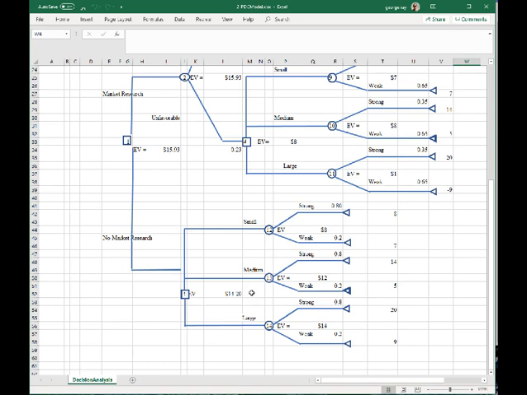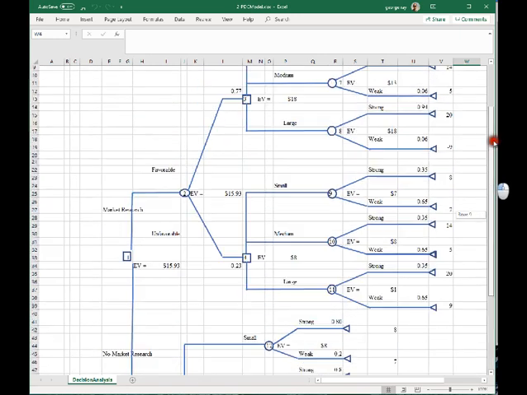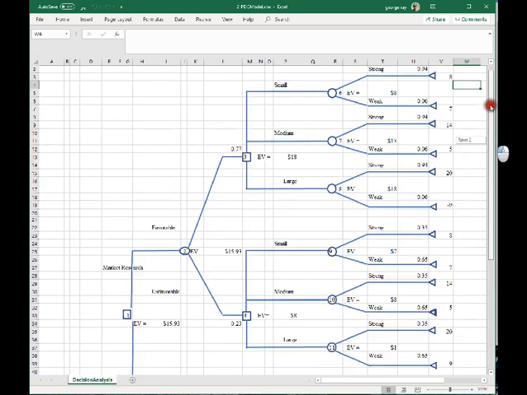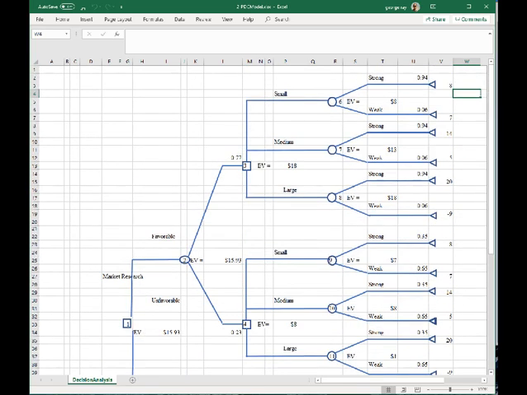Right now, let's look at the structure of the model. So again, we have this decision to do the report or not. If we do, we have a chance event. So let's say we've chosen to do the marketing research study. Now we have an additional chance branch.